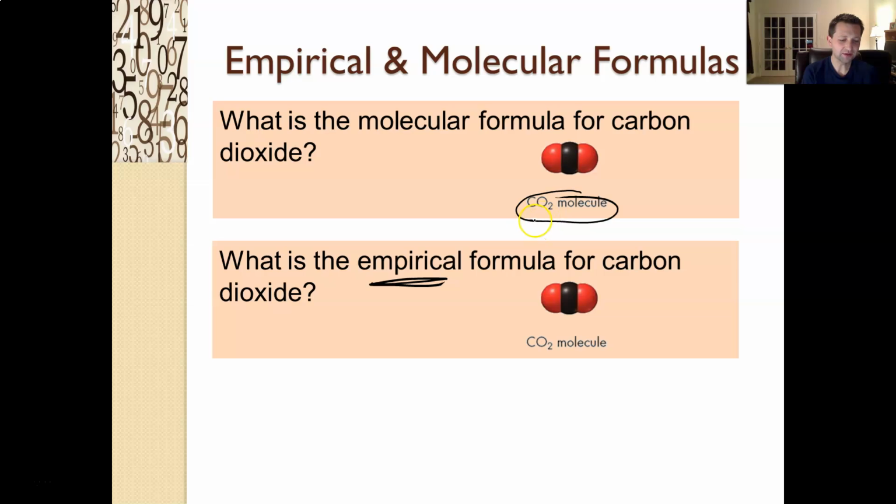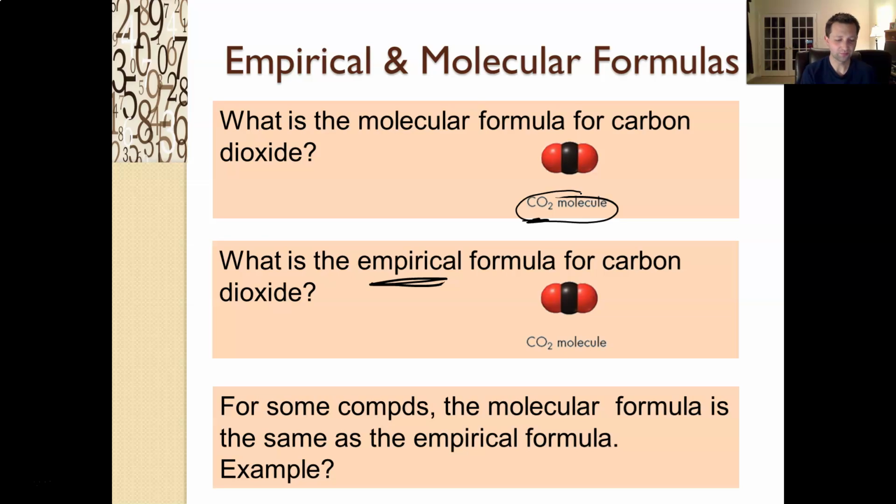Well, is CO2 already in the lowest whole number ratio? Yeah. So in this case, it's CO2. So if the molecular formula is already in the lowest whole number ratio, then it's also going to be the empirical formula. But if the molecular formula was not in the lowest whole number ratio, then they would differ. We'll see some examples coming up.